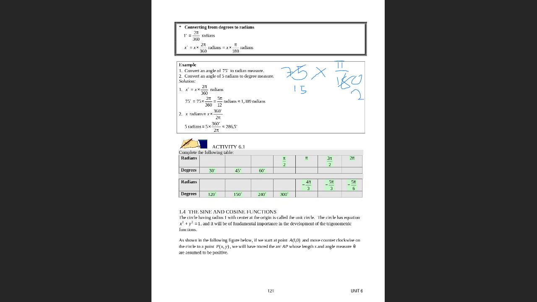How many times will 5 go into 180? I think it's 36 times. So you are going to have 15 pi over 36.